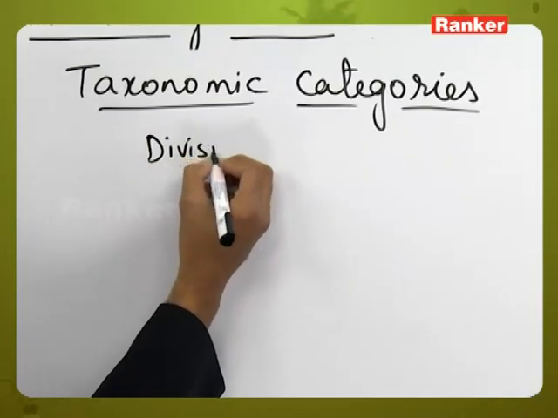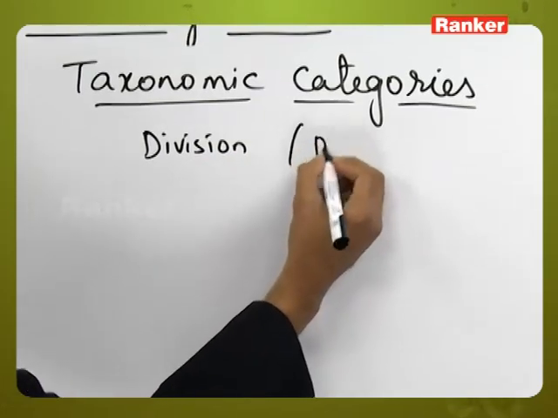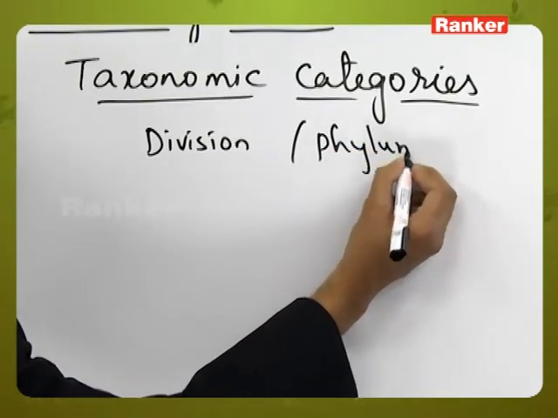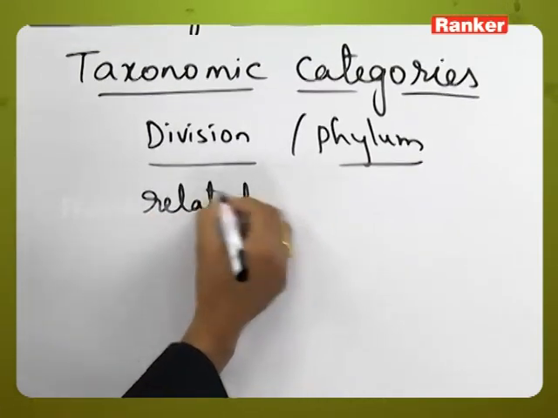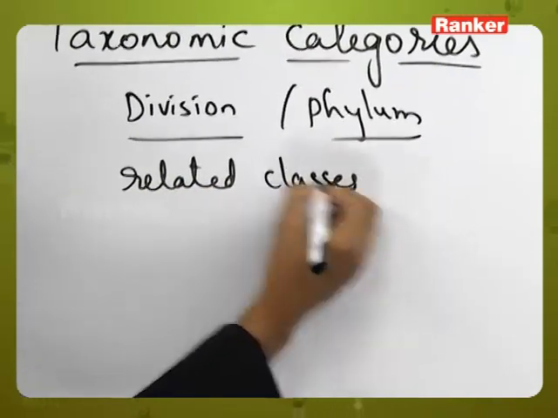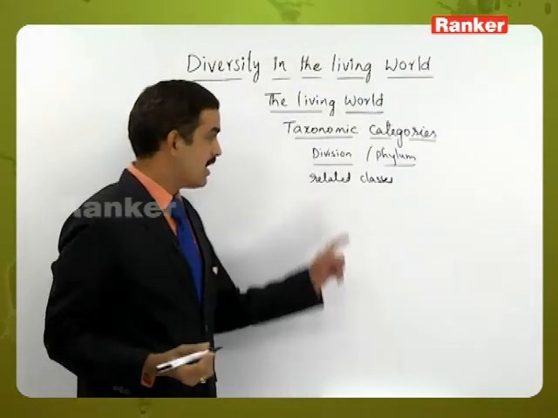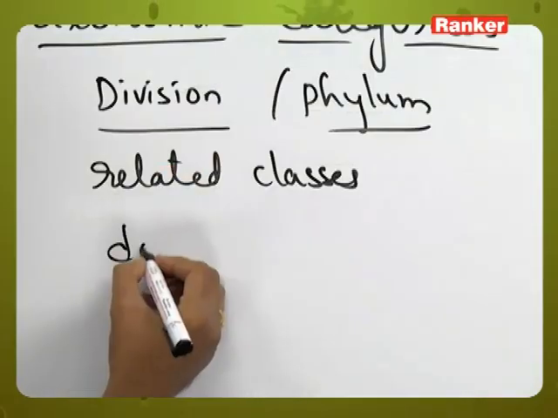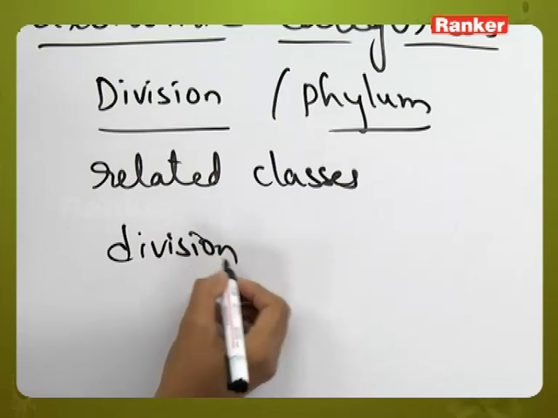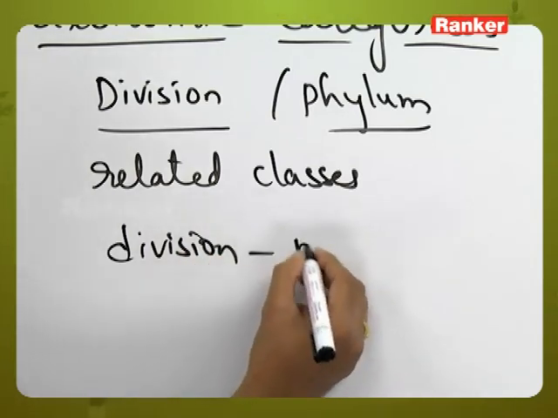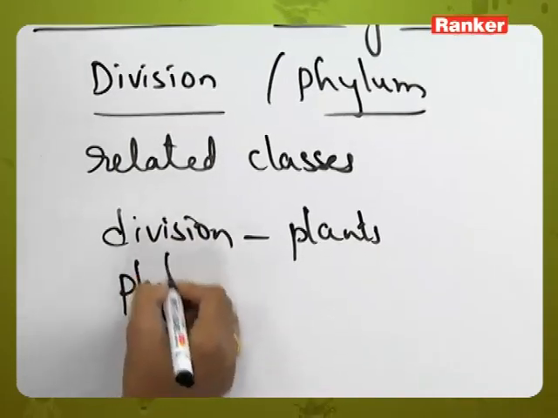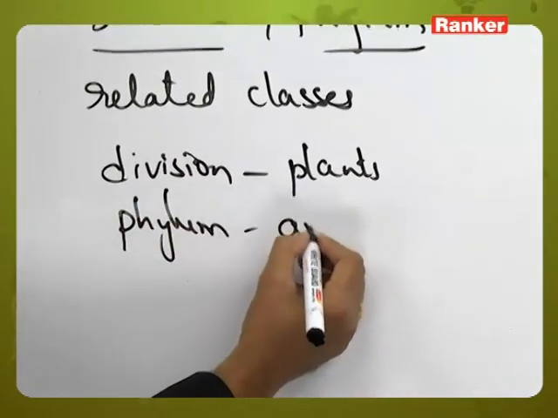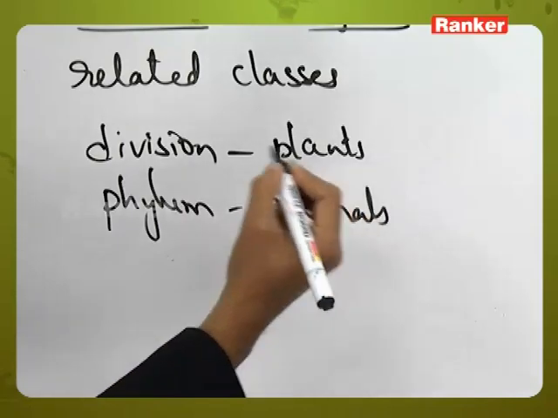Next one is the division, or phylum. The related classes are kept under one division. Division is used in terms of plants, while in place of division, phylum is used in terms of classification of animals.